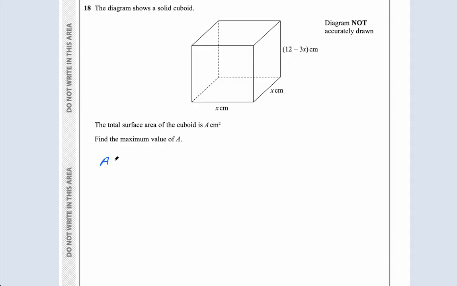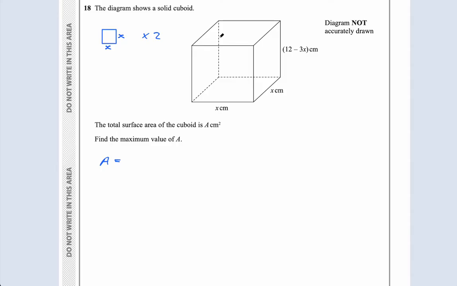Okay, so first thing we should do, and we can all definitely get the surface area in terms of x. What is the area in terms of x? Well, there's 6 sides. The bottom one is a square with an x and an x, but there's 2 of these, so this times 2.